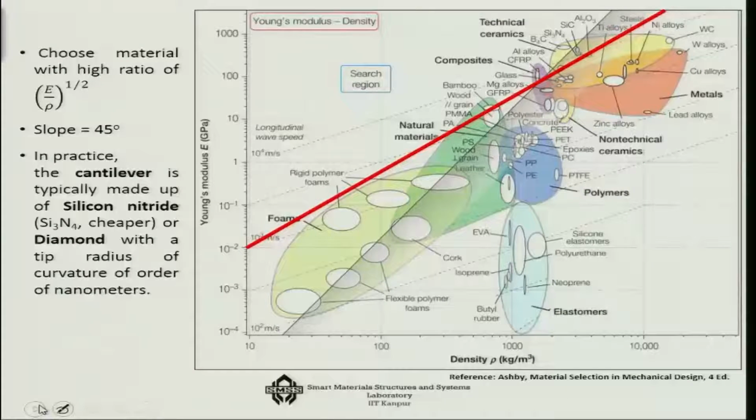This is our diagram of E versus rho. As you can see, the x axis is our density, the y axis is our Young's modulus E, and here we have the plot of all the materials from Ashby's material selection in mechanical design.